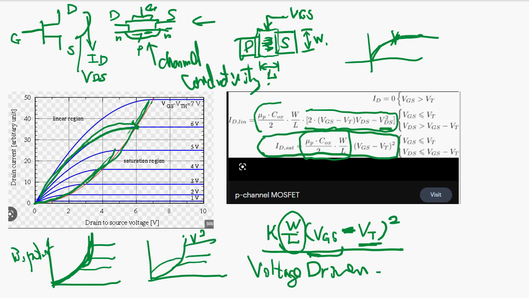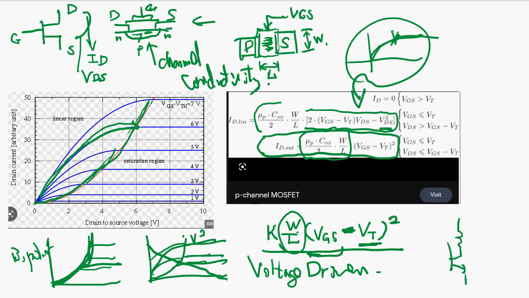Okay, and for saturation, the bipolar follows this exponential, then saturates. The MOS follows this quadratic equation curve, then saturates.